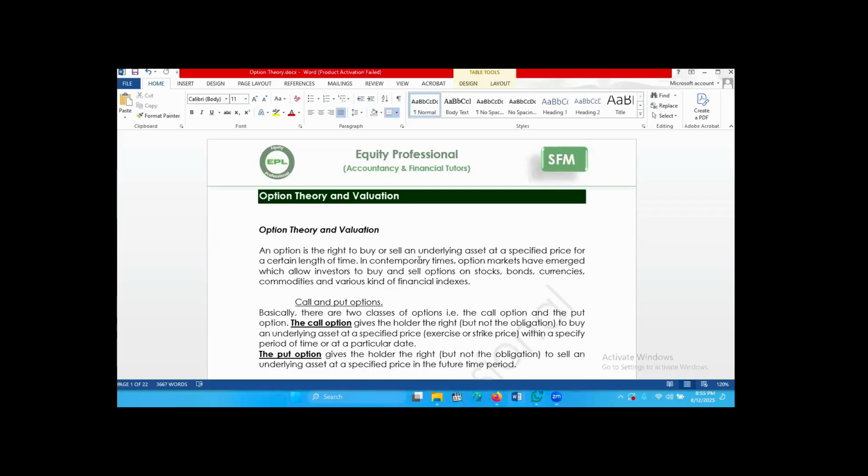Please note that the underlying assets could be shares, stock, bonds, foreign currency, commodities, and other various kinds of financial indexes.